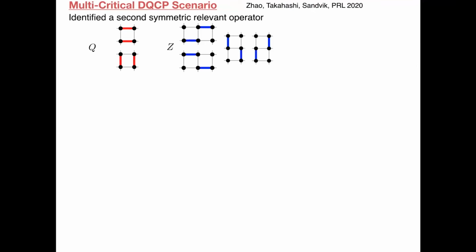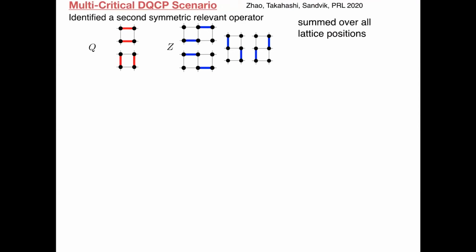So now let me talk about the second relevant operator that we have identified in this paper. With the Q2 term, we are using the JQ2 model, this one. Let's not get into why, but at some point we decided to calculate the scaling dimension of this kind of operator.